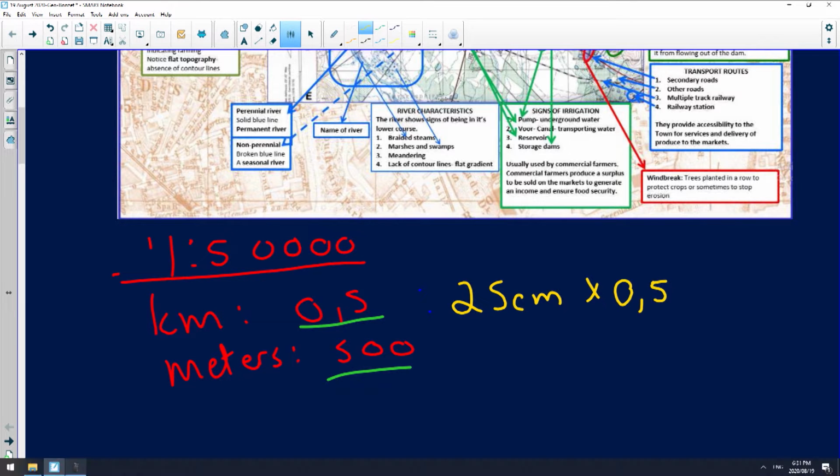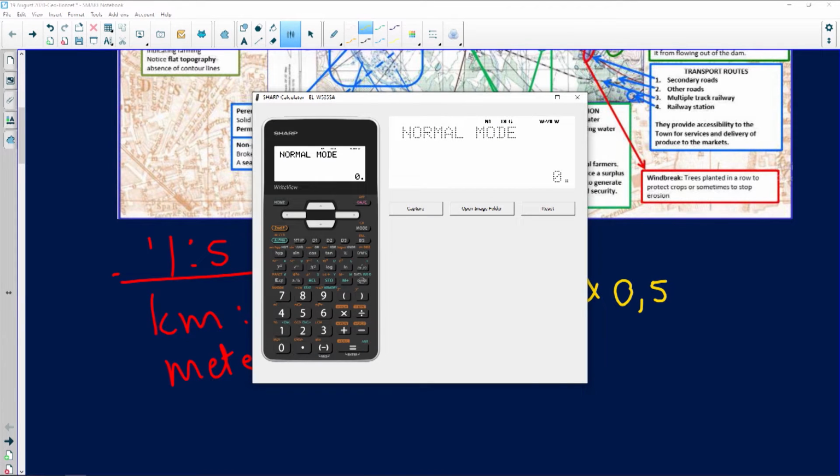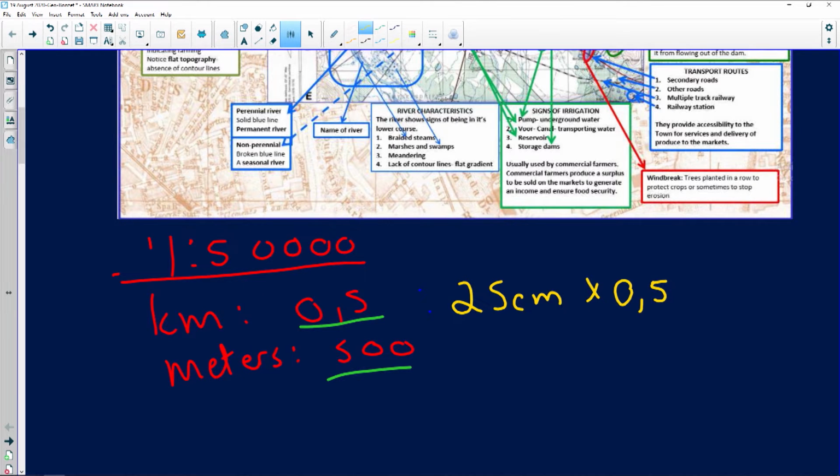Straightforward, use your calculator. 25 times 0.5, and our answer will be 12.5 kilometers.